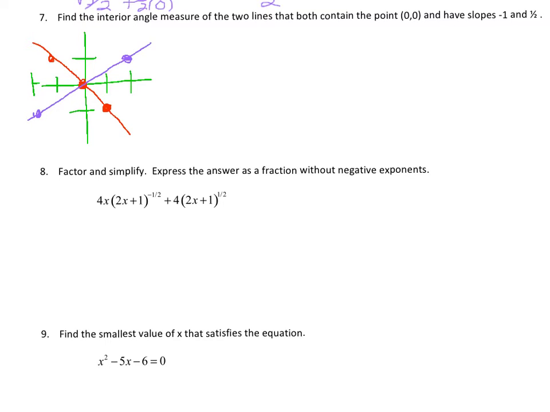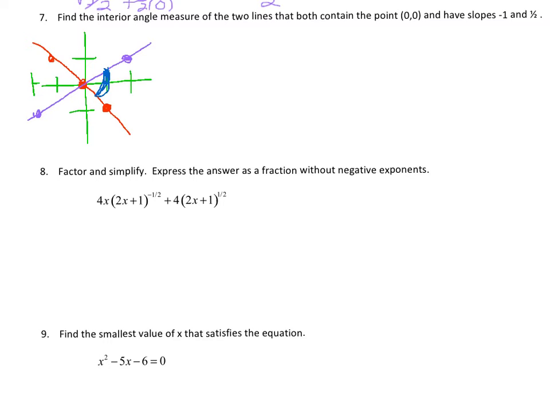So we want to find the interior angle measure of those two angles. So I believe the interior angle measure would be the angles that attach to the x-axis, both of those measures added together.